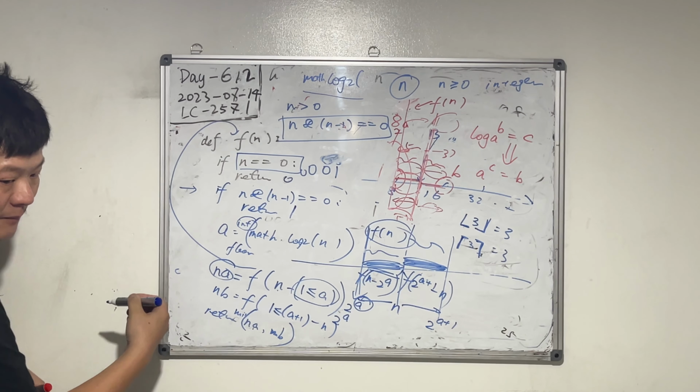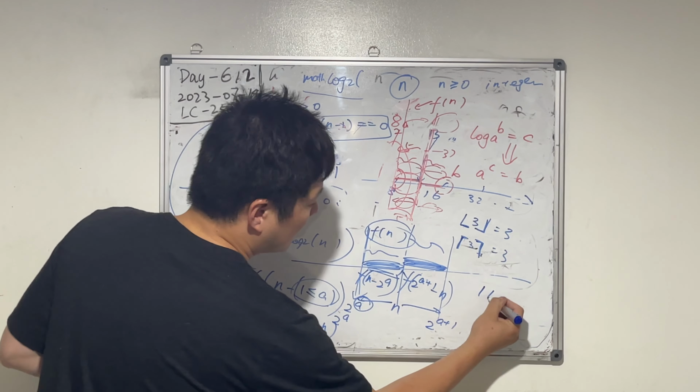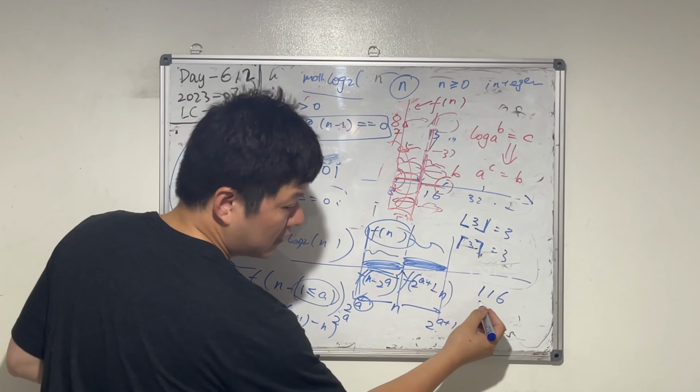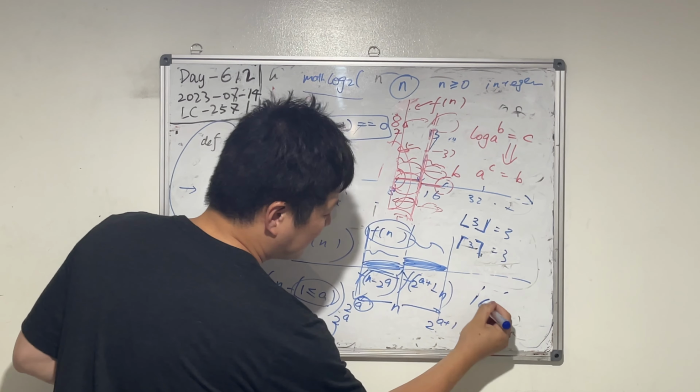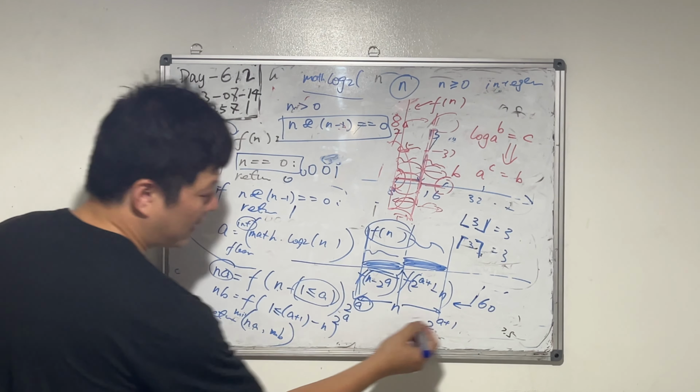Like, for example, you have 160, you would go down because you can go minus 32 is 128. Yeah, you go down, to 128.